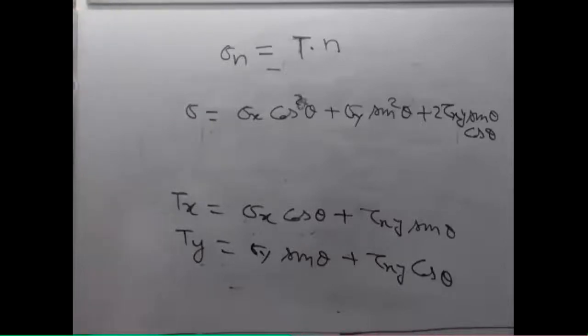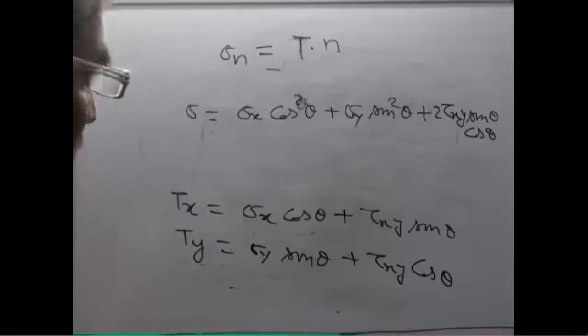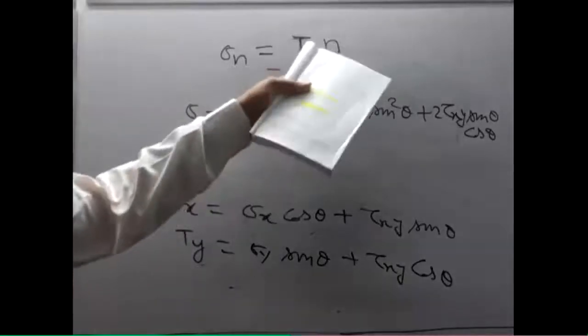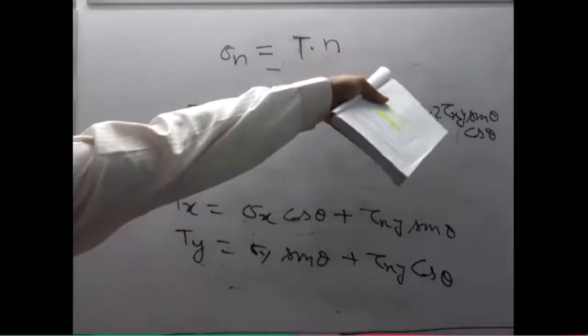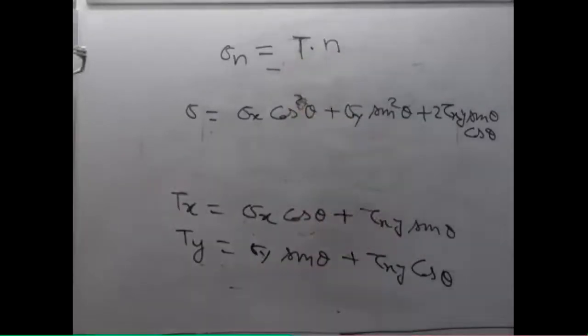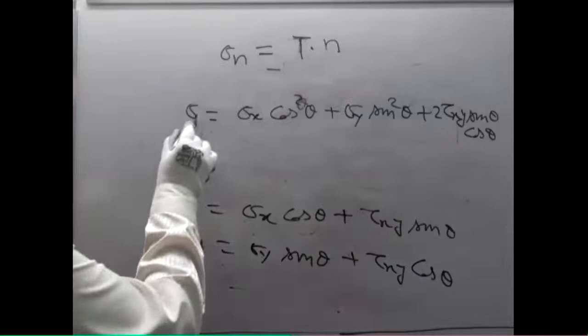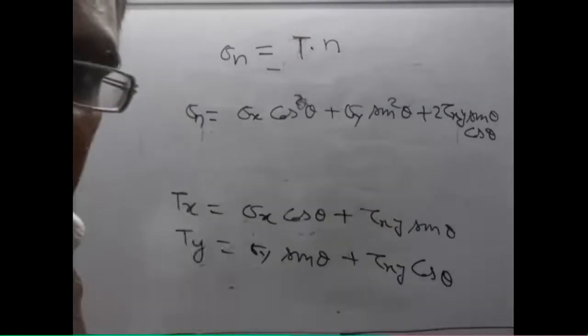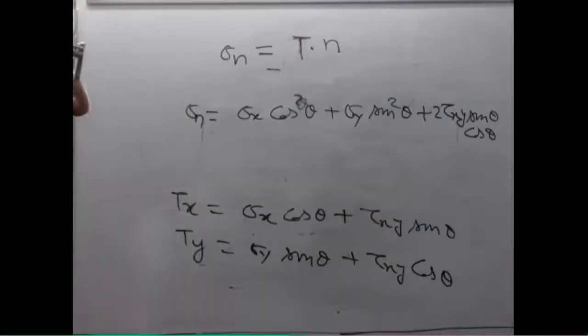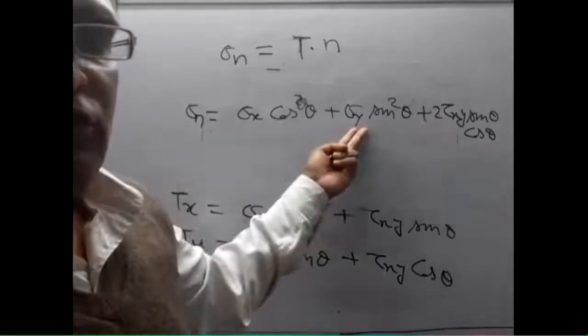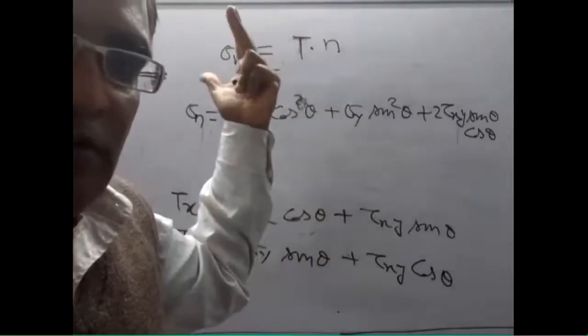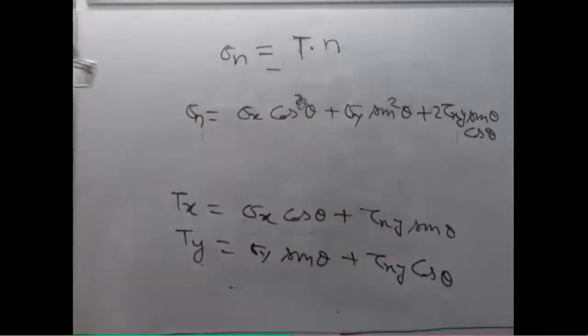That is basically sin 2 theta, which is equal to twice sin theta cos theta, correct? So if you do the multiplication, you know that the n in the vector form, then you should get this. That is basically the normal component on that rotated plane. Okay, and now if you want to go to the original, put theta is equal to 0, you will get the original sigma x on that original plane.